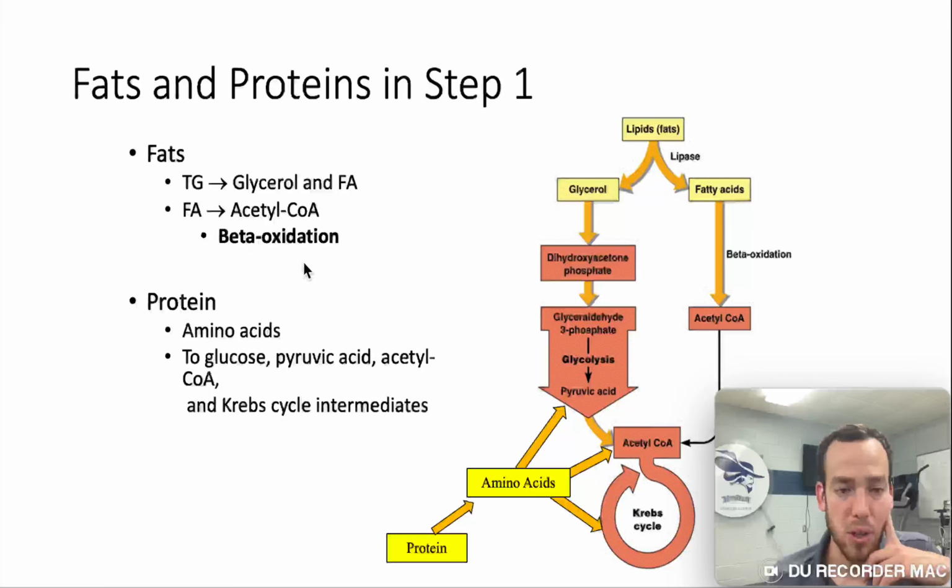So if beta oxidation happens, we break down fatty acids into acetyl-CoA. We have this piece we need. That piece gets plugged into the Krebs cycle, and energy starts getting produced. So in this way, we end up with both fats and carbs and even amino acids or proteins being a useful fuel source.